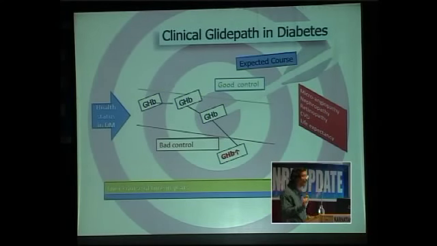If you look on a day-to-day basis, with minor variation of the sugar, even up to 300 or 400, the patient may not be symptomatic. And on the contrary, with a drop in the glucose levels the patient becomes hypoglycemic and symptomatic. But yet, we talk of what we call a good control. We try to take a measure at that point of time.